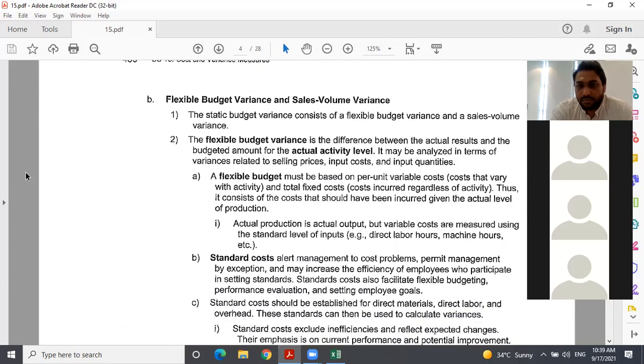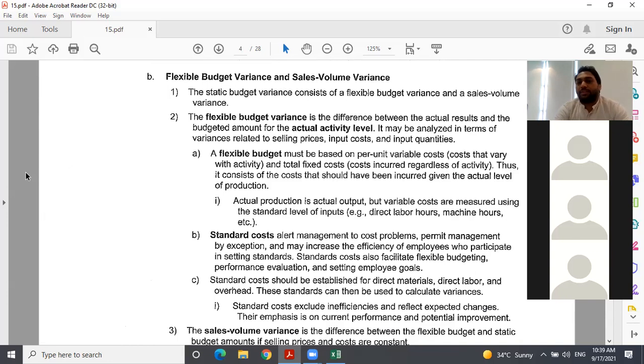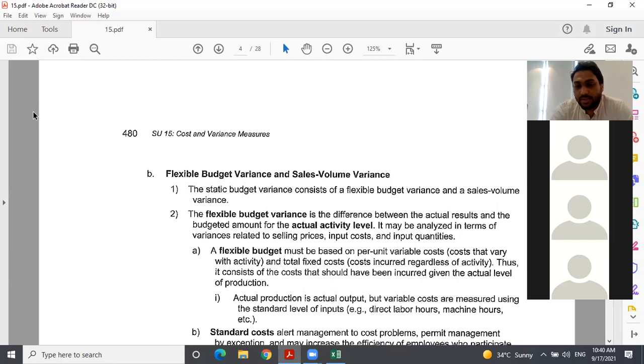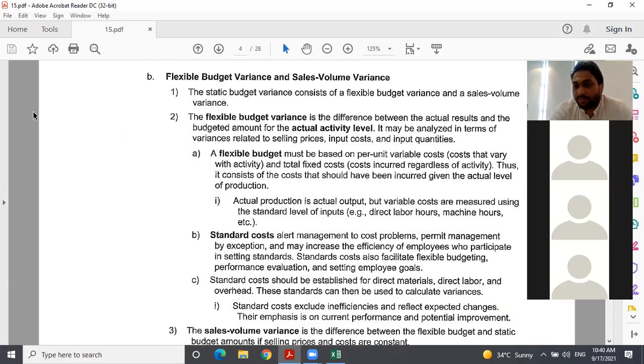Then, flexible budget variance and sales volume variance. The static budget variance consists of flexible budget variance and sales volume variance. So we find the reason for the static budget variance; it can be because of the flexible budget variance and sales volume variance. A flexible budget variance is the difference between the actual results and budgeted amounts at the actual activity levels. It may be analyzed in terms of variances relating to selling prices, input costs, and input quantities.